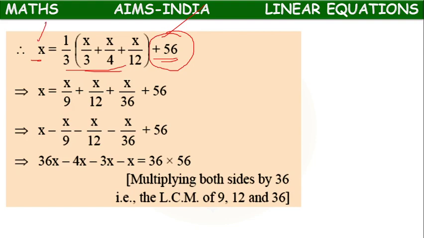We multiply 1 by 3 with all three elements. 1 by 3 into x by 3 is x by 9. 1 by 3 into x by 4 is x by 12. 1 by 3 into x by 12 is x by 36. Plus 56 as it is.